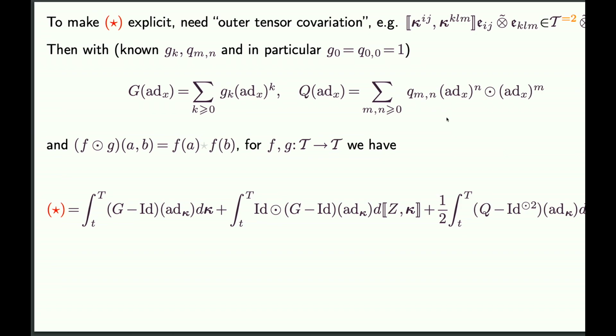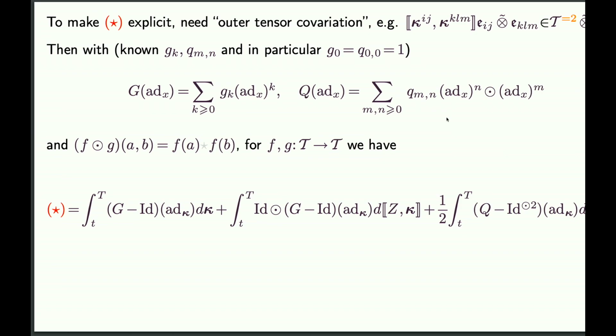So again, if you're used to Hopf algebras, then you know the problem that you sometimes need more than just one tensor product. And then G, that's the same as the one from Hausdorff in the very beginning. Then Q is something a bit more complicated. I don't want to define it here. It's defined here, and these are all explicit. There are some combinatorial factors, but who cares?